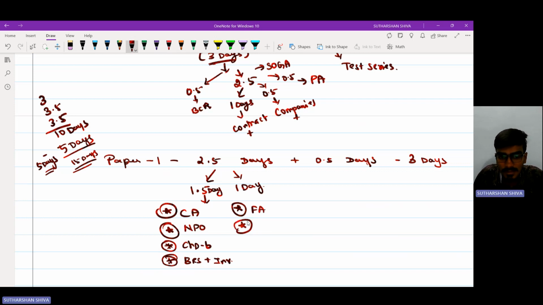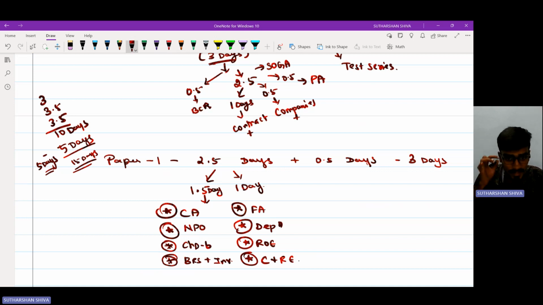Do final accounts. Then do depreciation. Then do rectification of errors. Then you will do capital and revenue expenditure. That is the one topic on which in every attempt they will test you for a minimum of 2 marks or a maximum of 4 marks in true or false. So try to do that part.